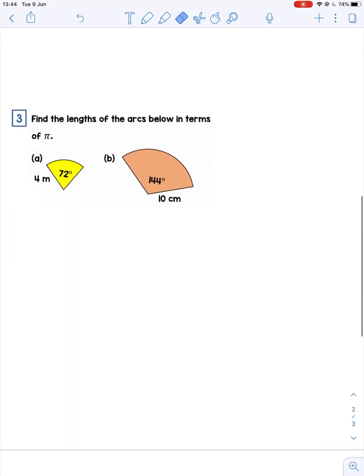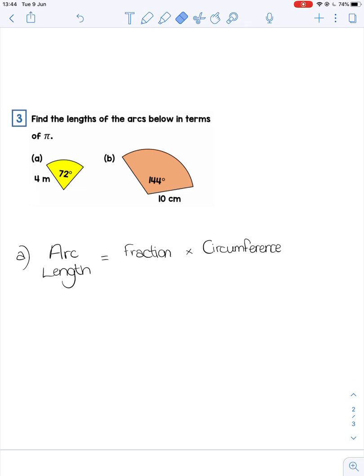Final one, I'm just going to do 3A. So we want to know the arc length again. So I know that that's got to be the fraction that we've got times by the circumference. In this case, the fraction is going to be 72 degrees out of 360. The circumference, we've got to do pi times the diameter.